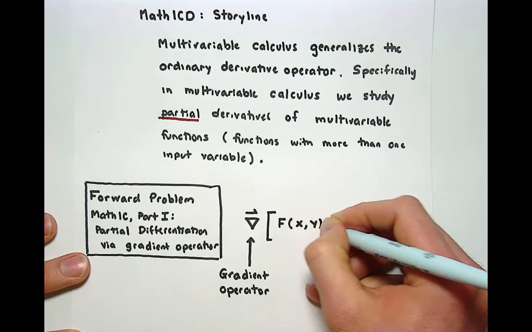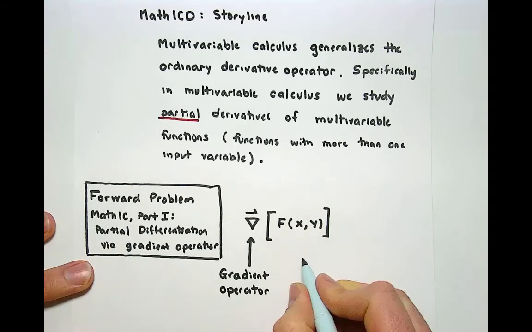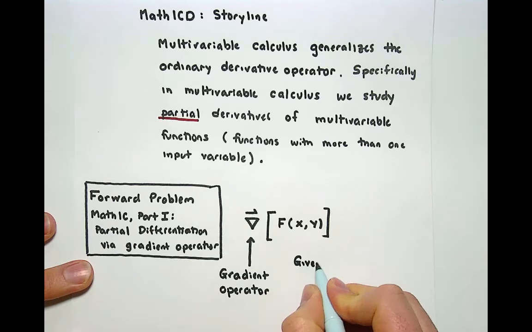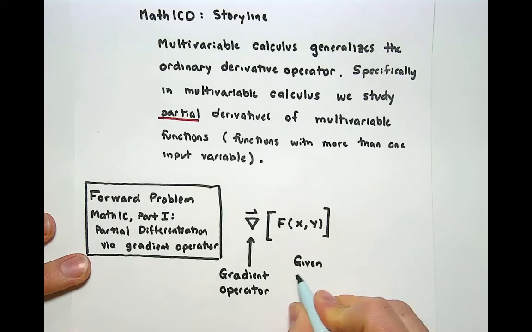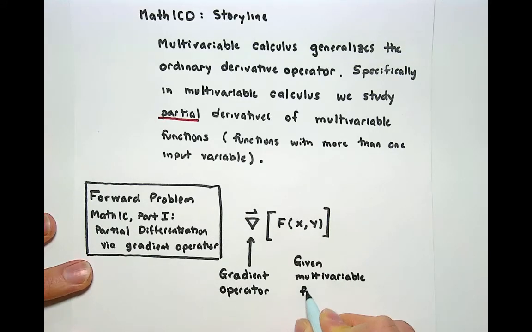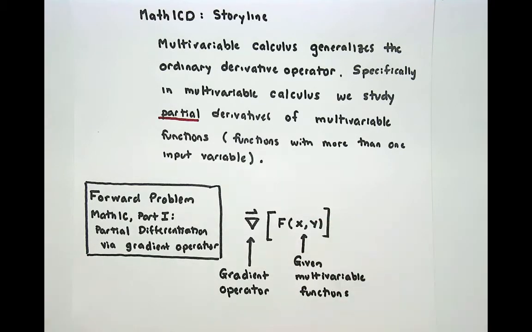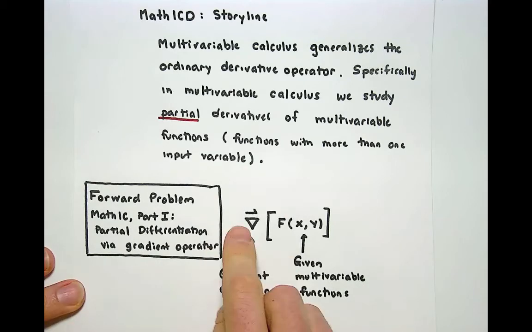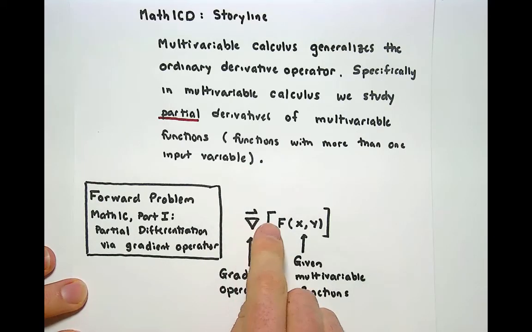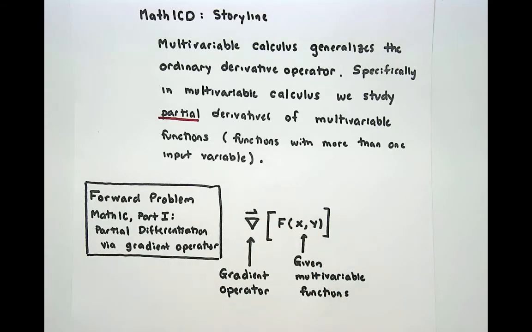In this case, we'll just look at the easiest multivariable function, which is one of two input variables. But the gradient operator can be applied to multivariable functions with more than two input variables. Okay, so we have this derivative operator that's acting on a function just like before, except the input function has two variables.